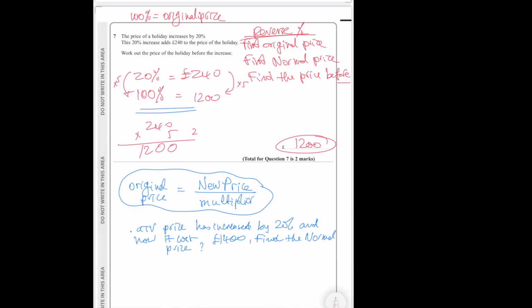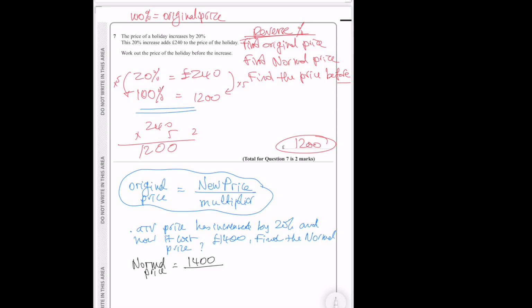Alright. Yeah, we can just use the formula. Normal price is the new price, which is £1,400, divided by the multiplier.